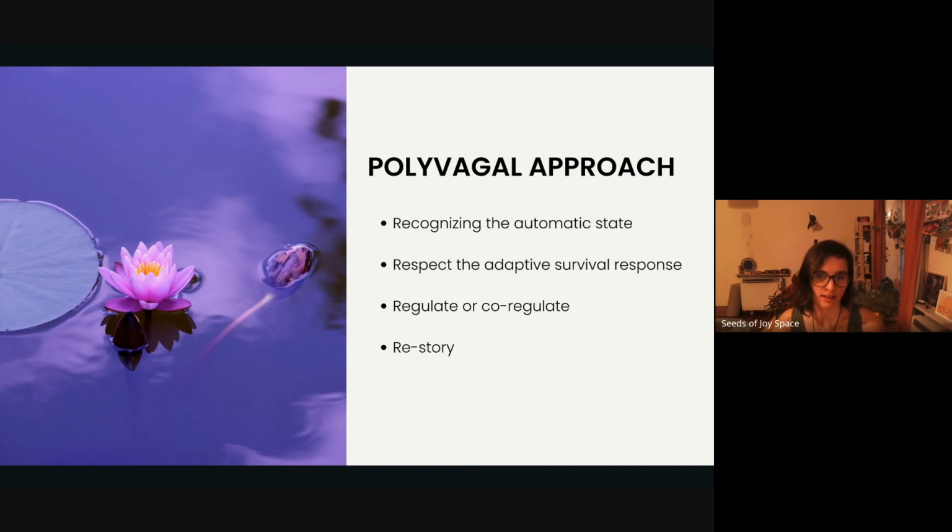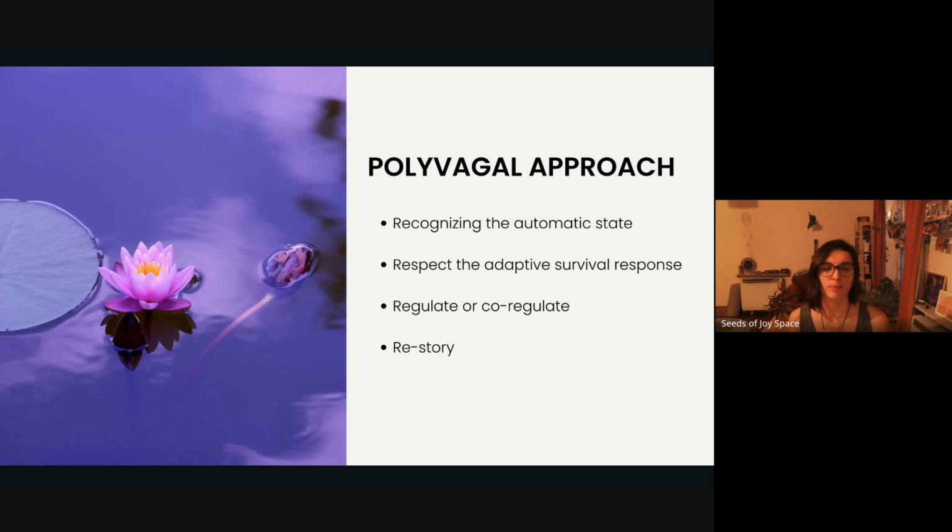So the restoring actually requires a lot of our attention, and also compassion and openness, as it is a slow process of recognizing who is in the driver seat. Is it the old version of ourselves, or is it me in the present moment?